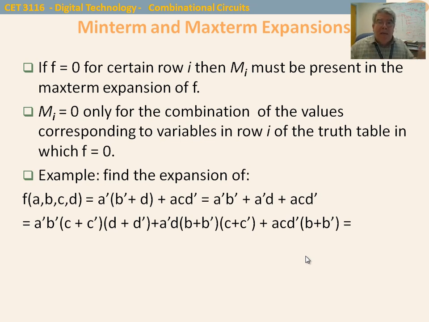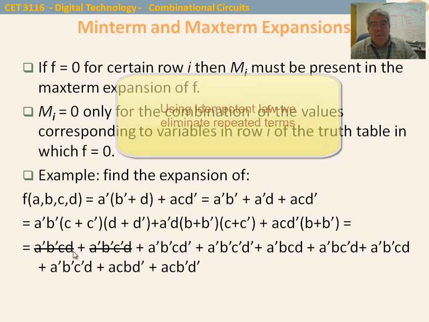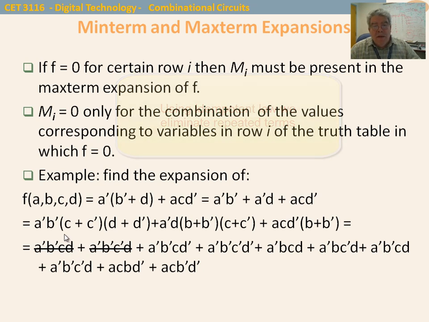We're expanding until we get all terms with all variables represented in each one of the terms. Here, because all we need is only B as a variable, then we have to take B or B naught. All right? So we proceed with this, and then of course you're going to find that we have repeated terms, and we need to leave only one representative of each term.